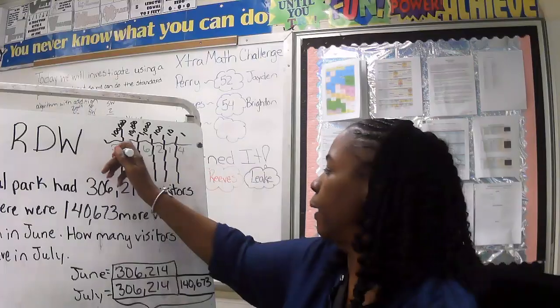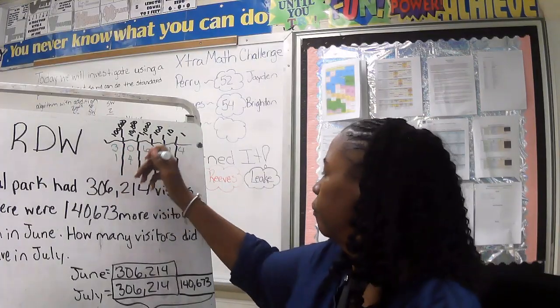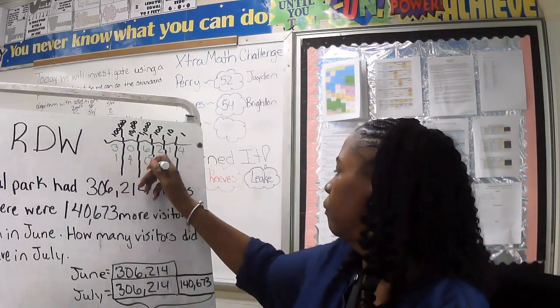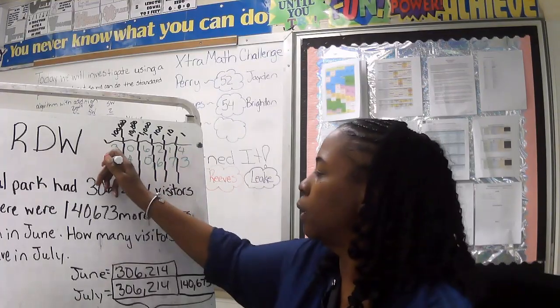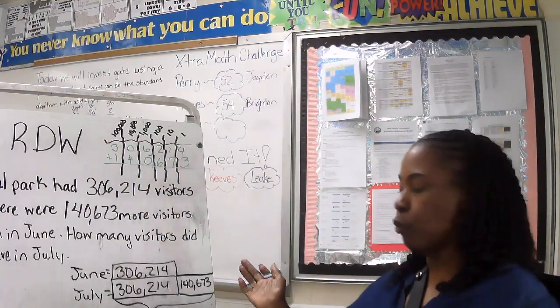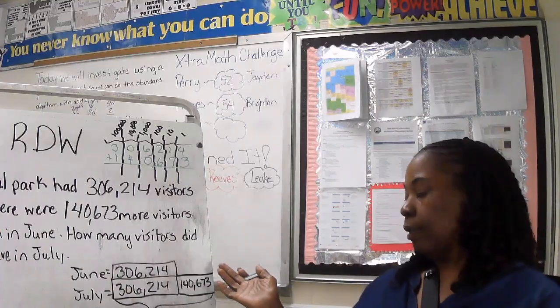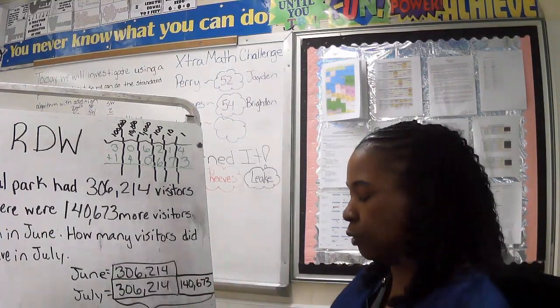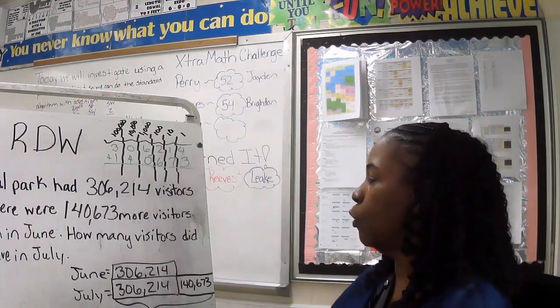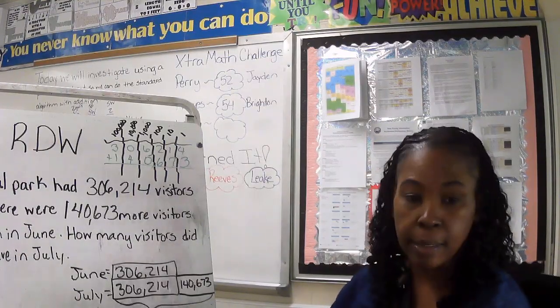So we're adding that to that. It's very important to make sure we're labeled, because a lot of students would have put that July was 140,673. When in actuality it said more than in June. So now I'm ready to add to find my sum.